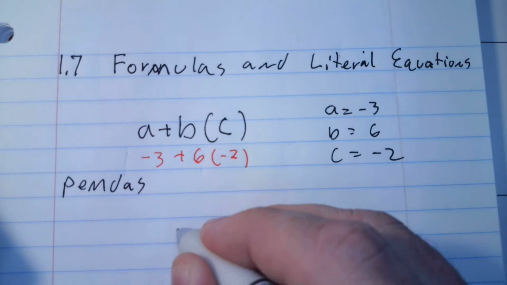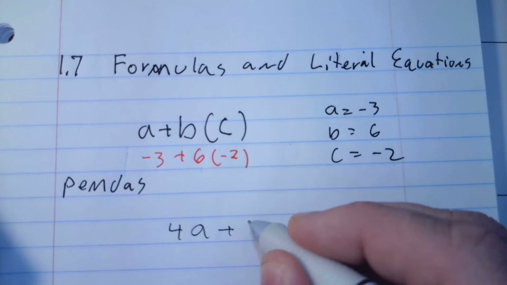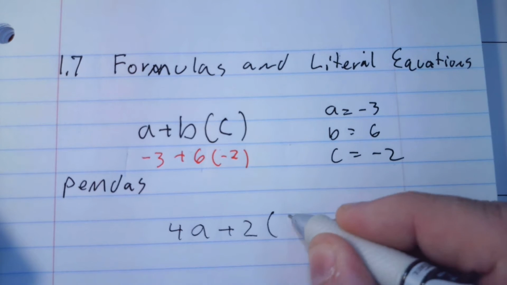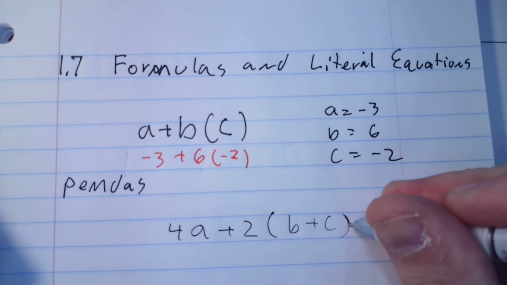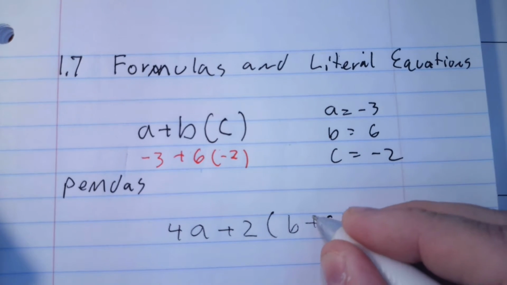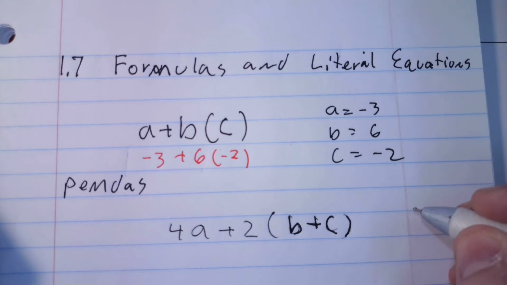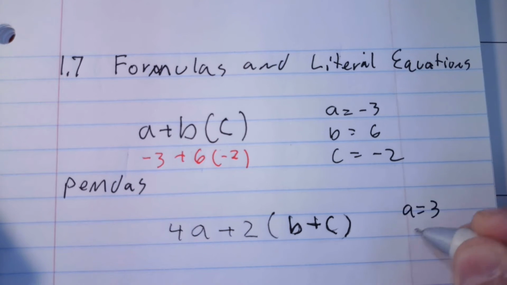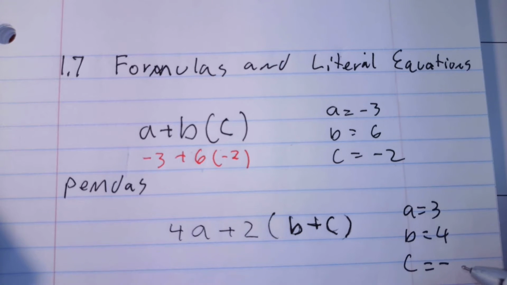We might have something like this. Okay. I might have something like that. I keep forgetting which pen works better. Okay. And then I'm going to give you A is 3, B is 4, and C is -5.